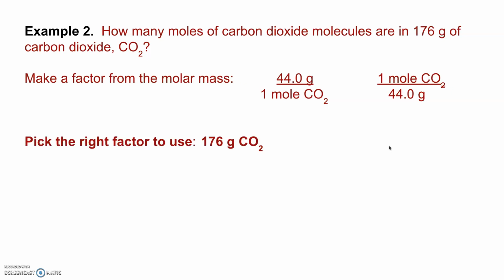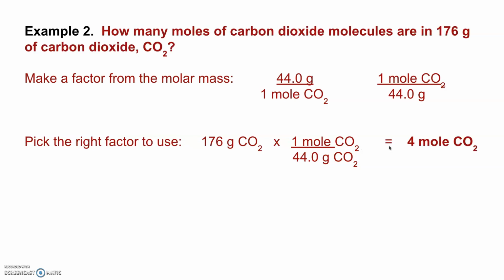Well, we go to our problem, our question. What is our starting measurement? 176 grams of CO2. So we want the factor with grams in the denominator. Our arithmetic is to multiply 176 times 1 and divide by 44. That gives us the number of moles of carbon dioxide in 176 grams.